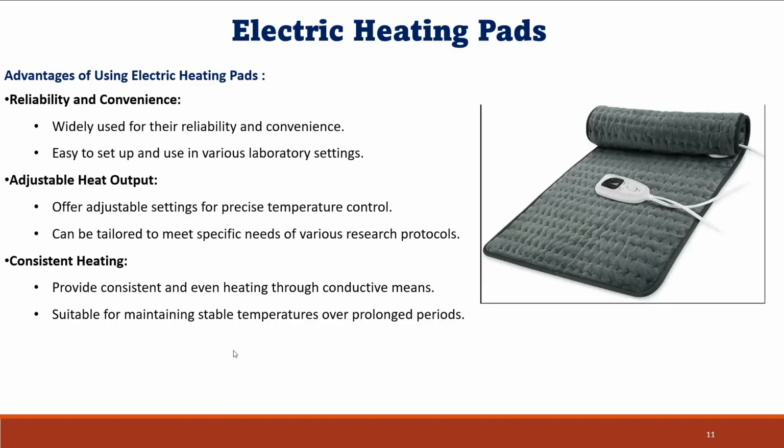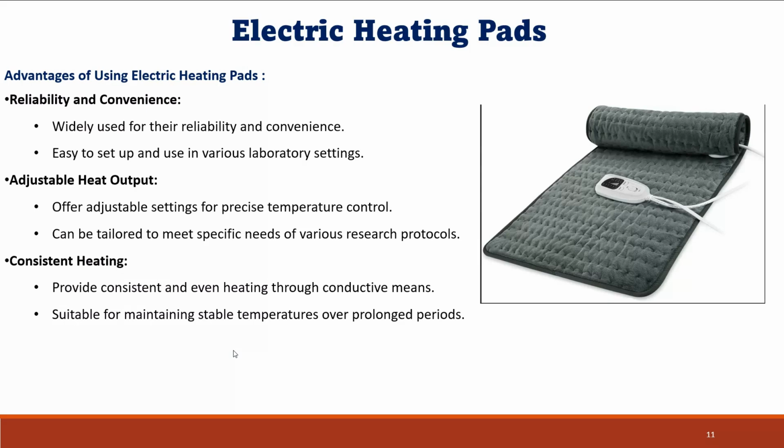Next is the electrical heating pads. They are portable, reliable, and easy to set up and use. So some of the problems that you come across with pocket warmers get circumvented using electrical heat warming systems. For example, they have adjustable heating settings with increasing warming gradient to maintain the animal at a precise body temperature.